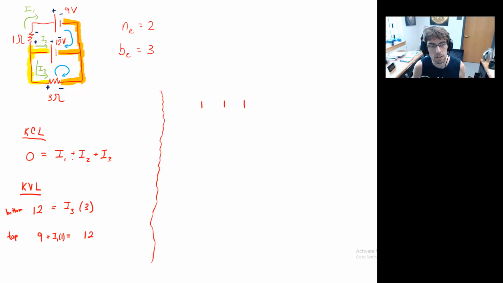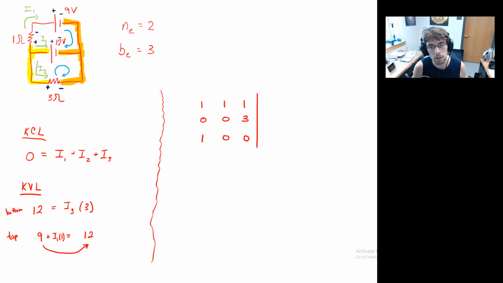So standard form: this top equation is already in standard form. Similarly, the second equation is already in standard form. The third equation, I need to move the 9 over to the other side. And so I end up with something like 1, 0, 0.